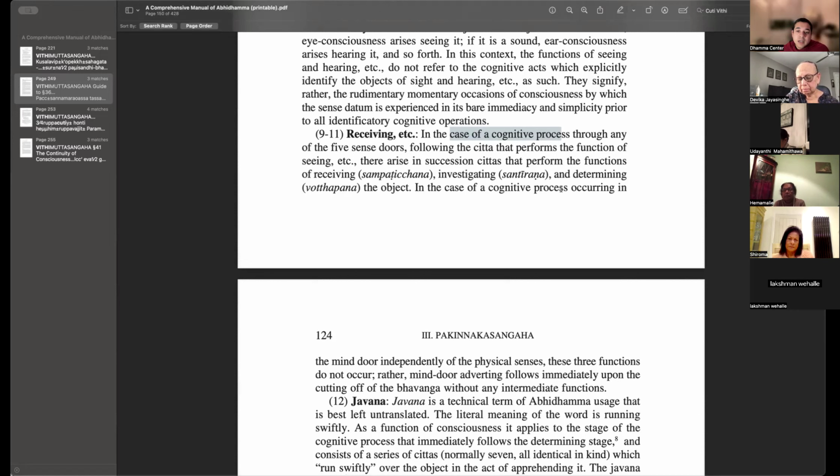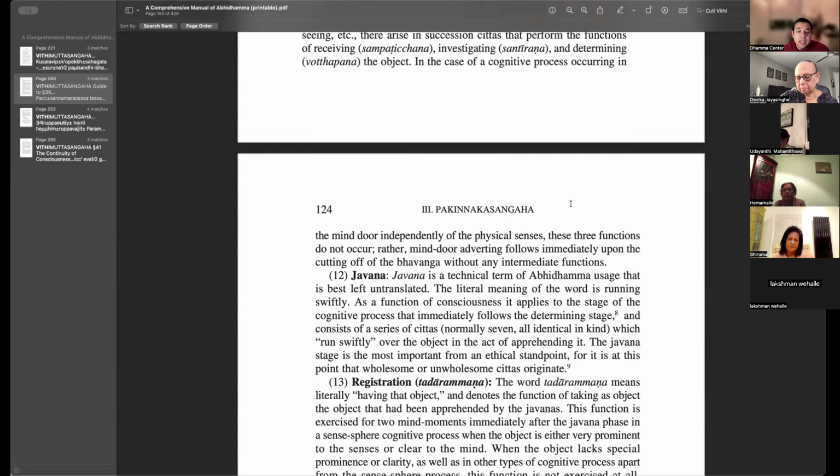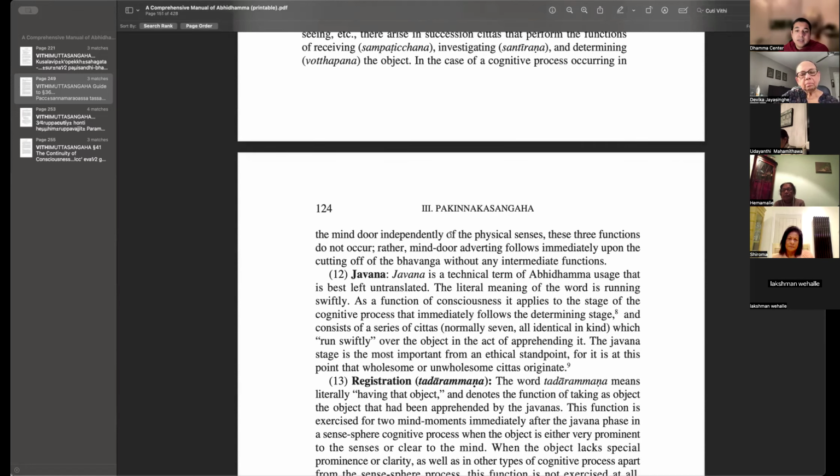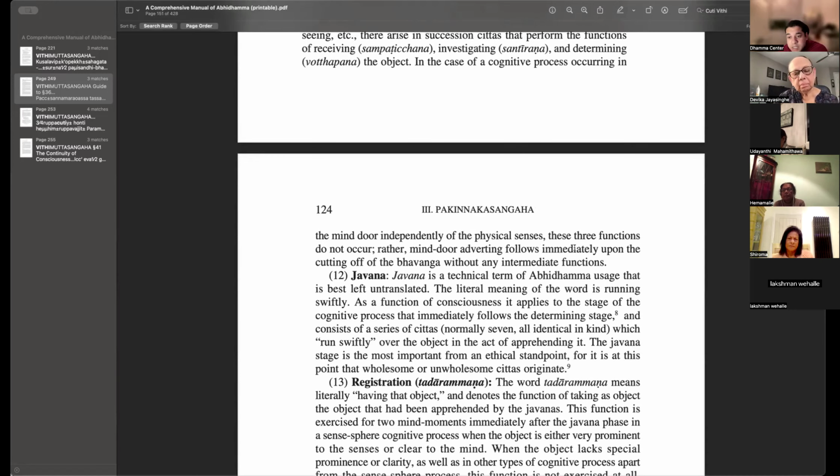In the case of a cognitive process occurring in the mind door, independent of the physical senses, these 3 functions do not occur. Rather, mind door adverting follows immediately upon the cutting off of the bhavanga. We know that. In the mind door process, after the bhavanga, the mind door adverting chitta arises, afterwards followed by the javana chittas and the tadalambanas.